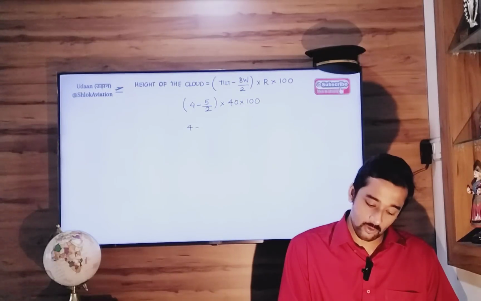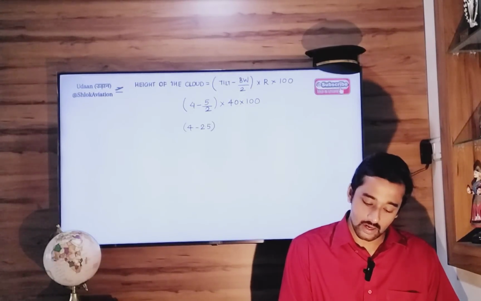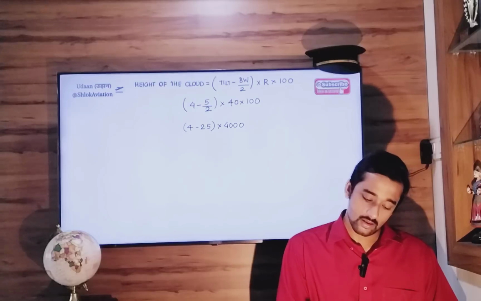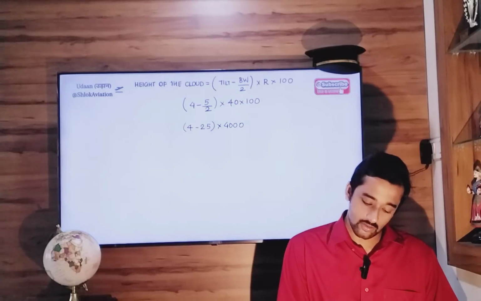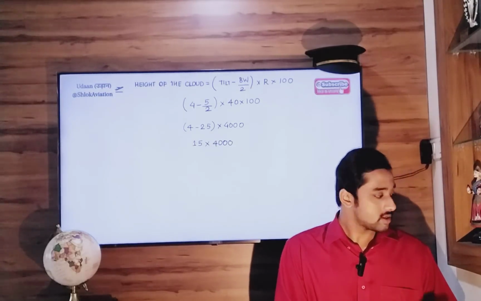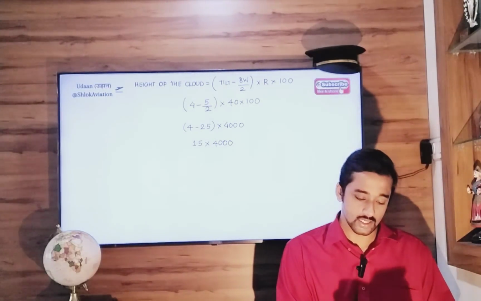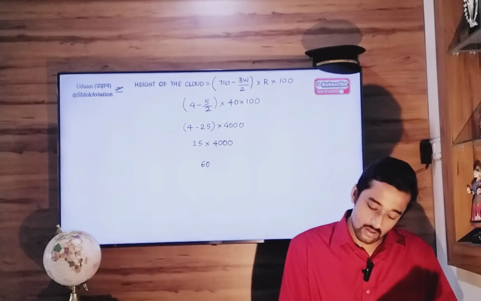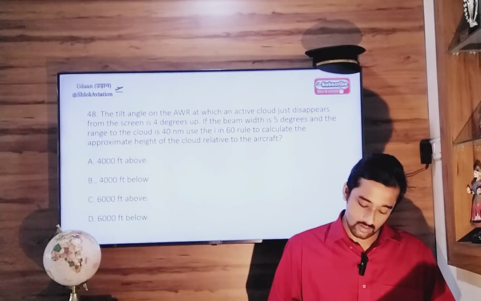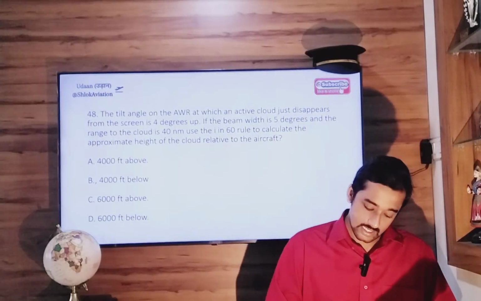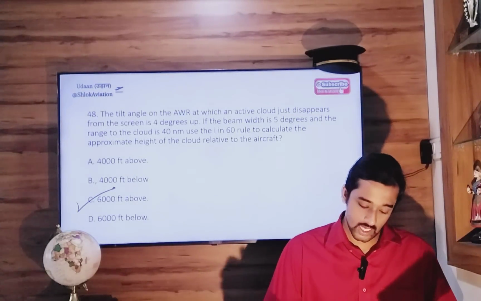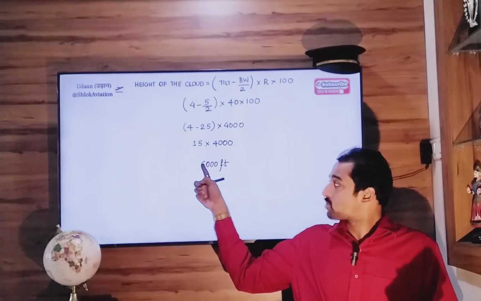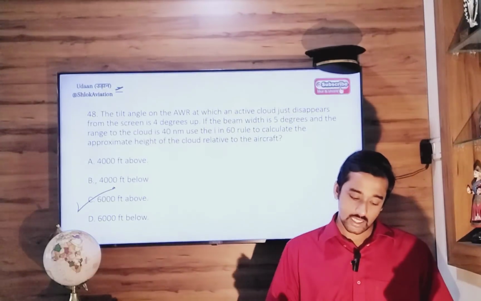So 4 minus 2.5, into 4000. So that is 1.5 into 4000, which is 6000. So the cloud is 6000 feet above me. The answer here is plus 6000. So the answer will be 6000 feet above you.